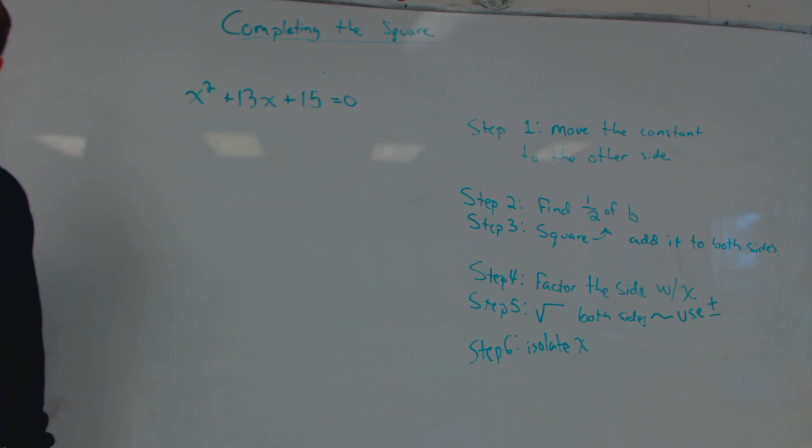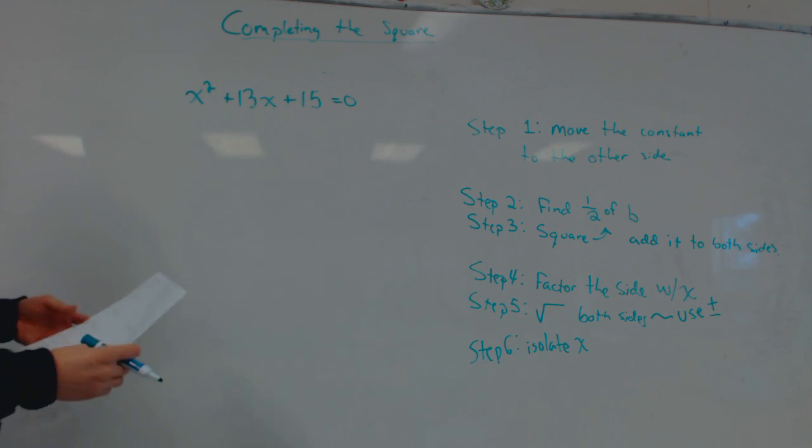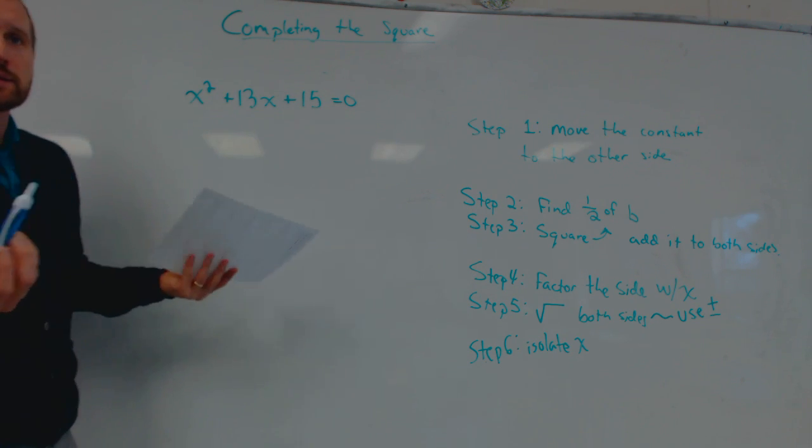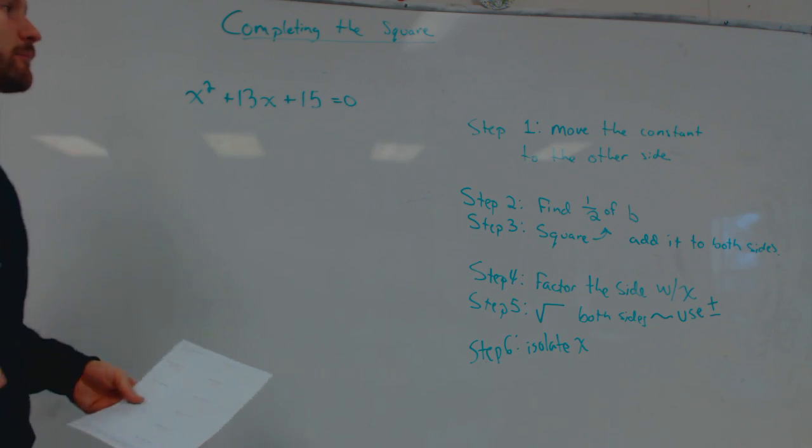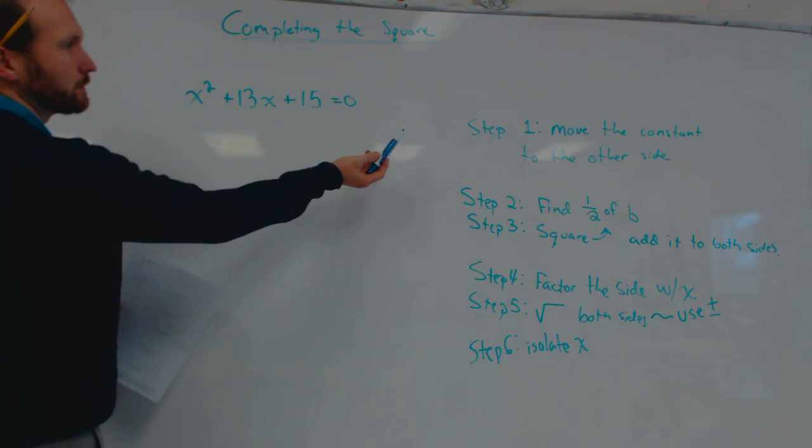They don't exist. There are probably none. They do exist as decimals. So you can't solve this by factoring. We'd be here all day. So we're going to use completing the square.